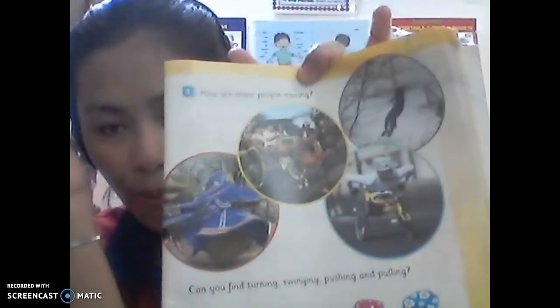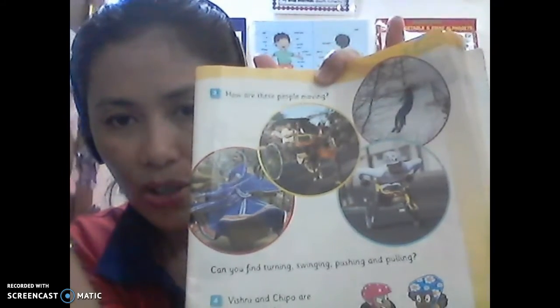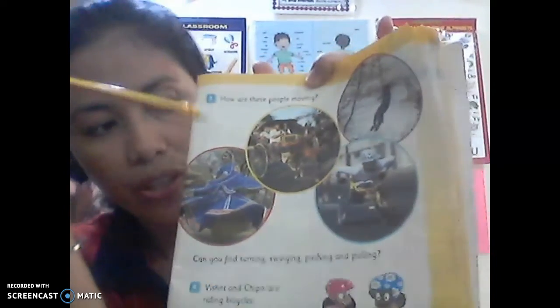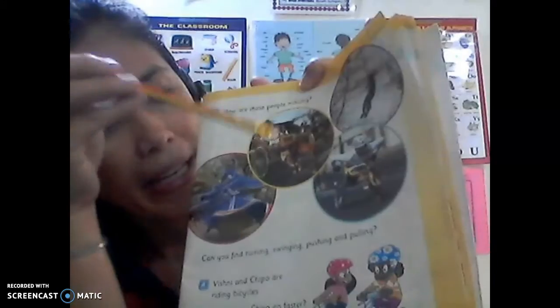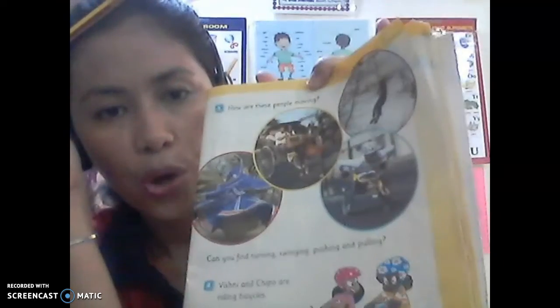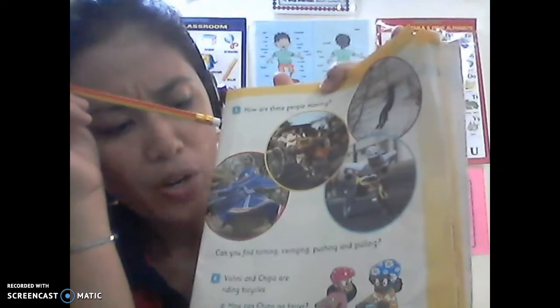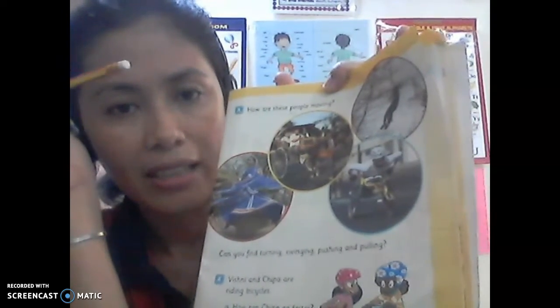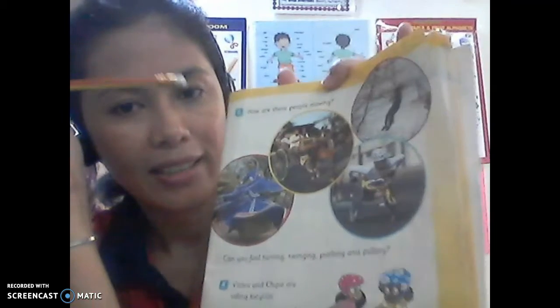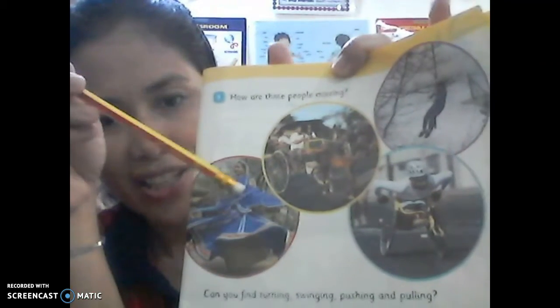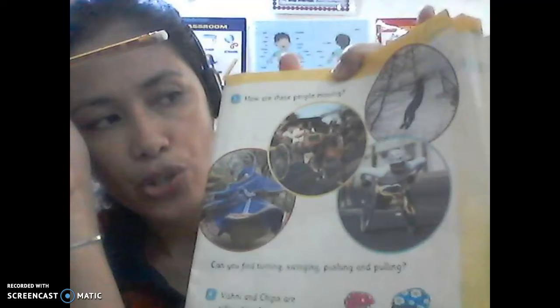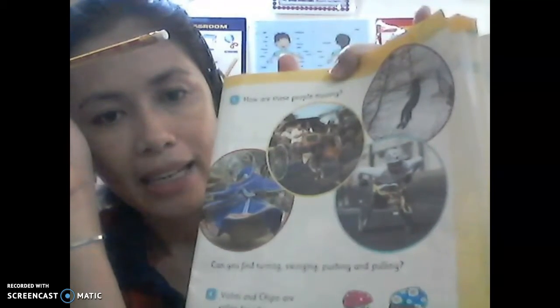Which one? In your book, you can see it clearly. Which of these four pictures, A, B, C, and D, shows swinging? Picture C. How about turning? This girl, picture A. Which shows pulling?